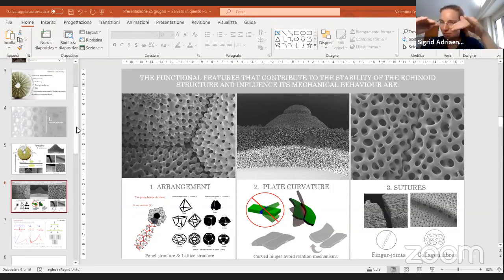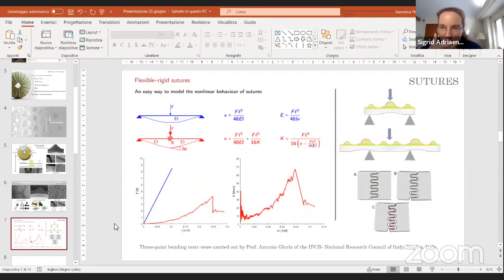Yes, they are very deformable. While the single plates are rigid, not flexible, the sutures, characterized by these collagen fibers, are very flexible. This is due to the collagenous fibers.